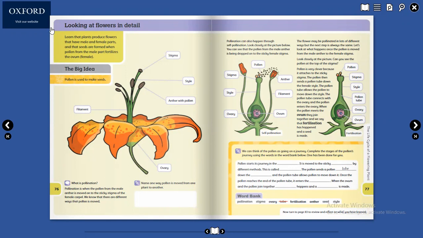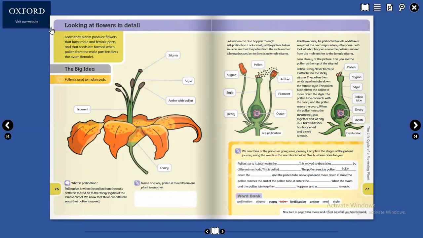Learn that plants produce flowers that have male and female parts, and that seeds are formed when pollen from the male parts fertilizes the female. The big idea: pollen is used to make seeds.